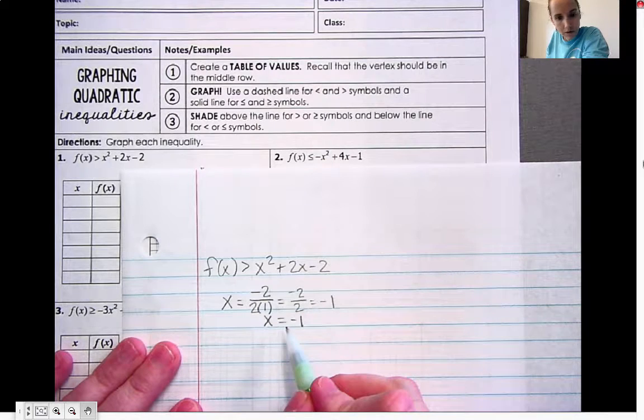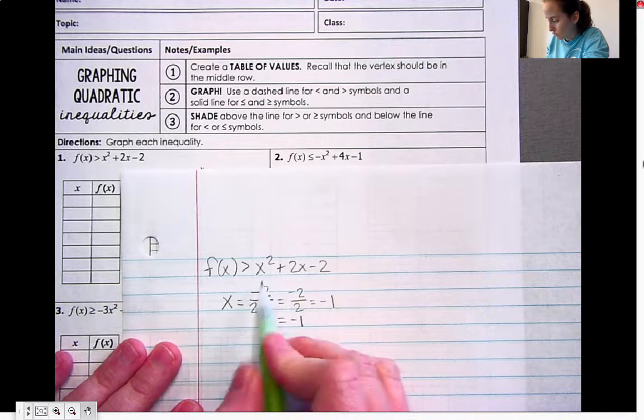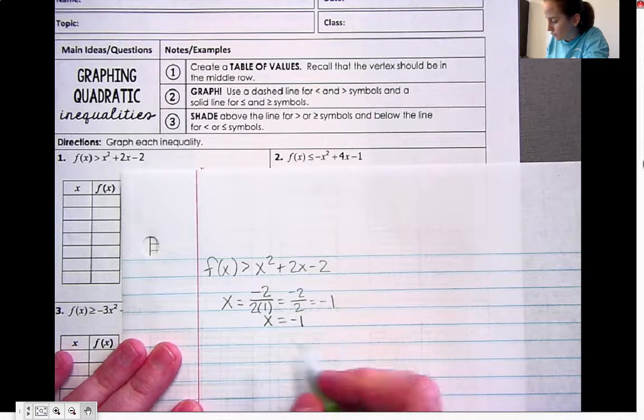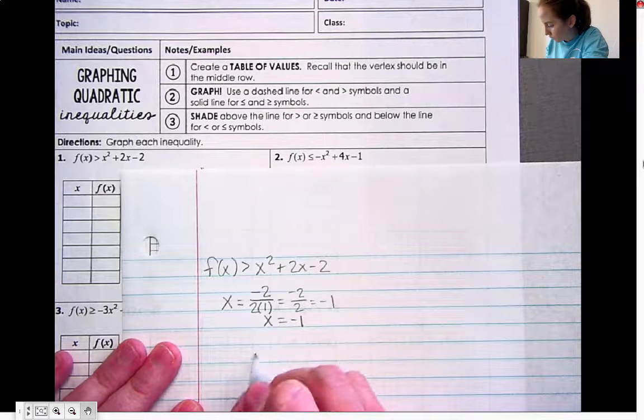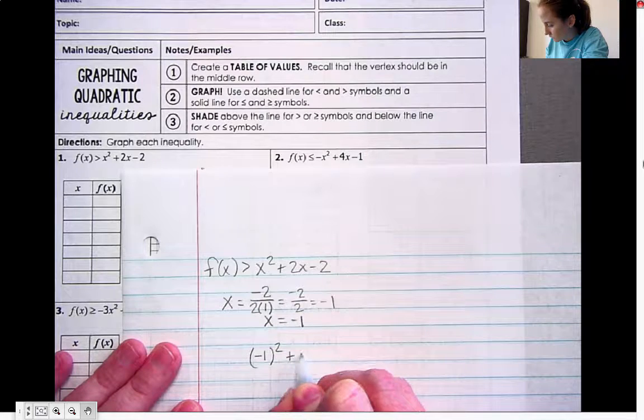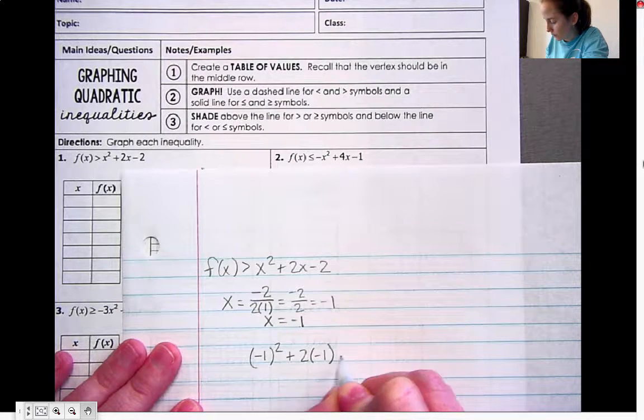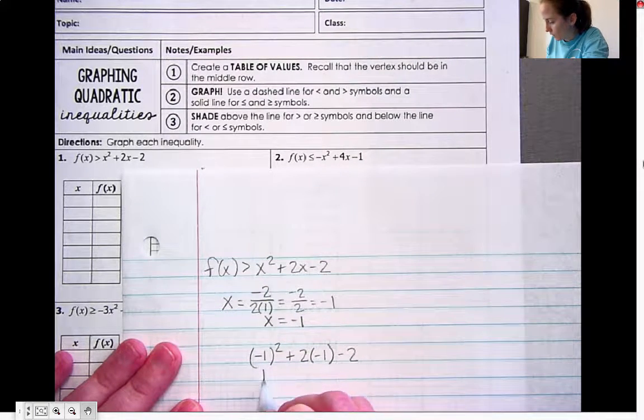Now recall that if you plug in negative 1 for your x values, then you will get the y value. So if I say negative 1 squared plus 2 times negative 1 minus 2, so I'll have 1 minus 2 minus 2. 1 minus 2 is minus 1.